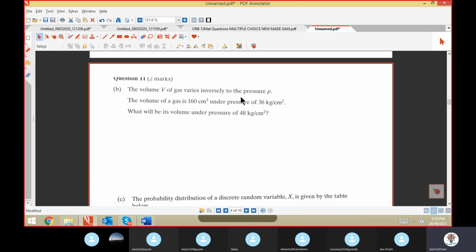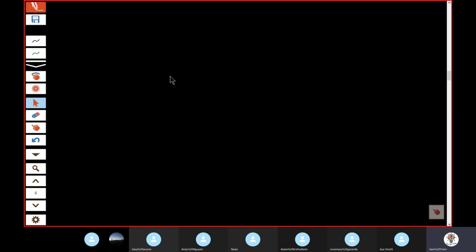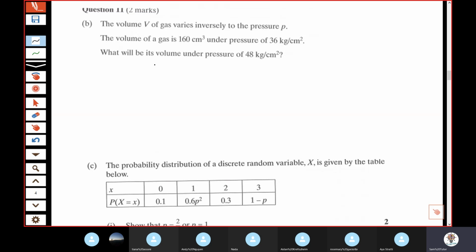All right. Let's start with this one. Part of rates of change. The volume V of gas varies inversely to the pressure P. Okay, so V is inversely proportional to P. So that means K on P. Volume equals K over P. Volume of gas is 160, so V equals 160.